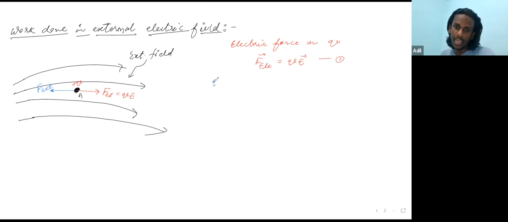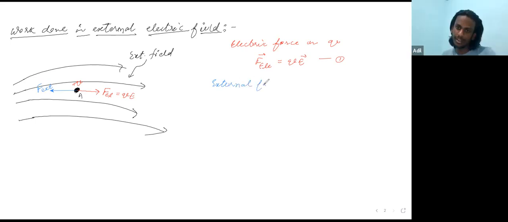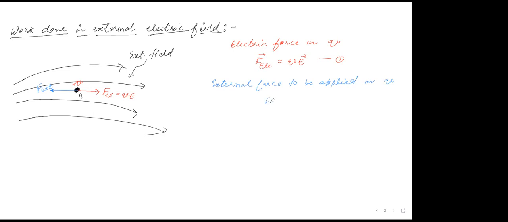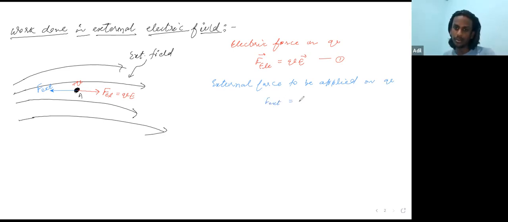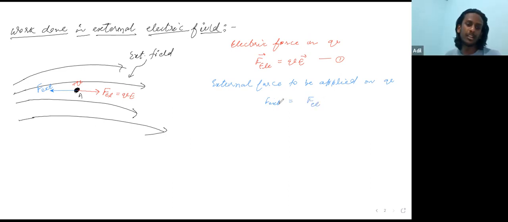Then we can write here external force to be applied on Q. This is your F external, which is equal to the F electric. And F external is opposite to the F electric, so we can take here a negative sign. This negative sign represents that F electric and F external both are opposite in direction.